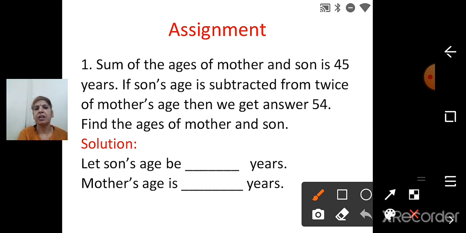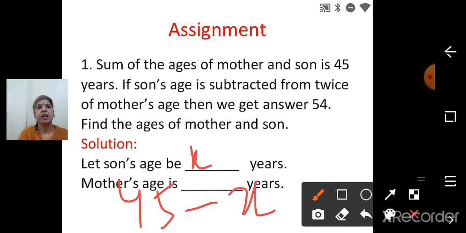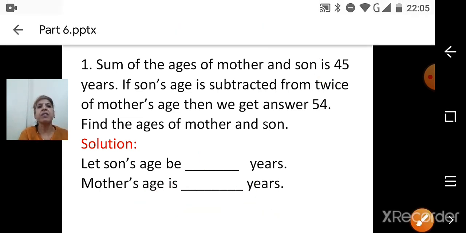So solution. First we will take, let son's age be x. It depends on you, children, what you are taking as x. So let son's age be x years. Now tell me what will be the mother's age. Mother's age will be 45 minus x, because 45 is the sum of the ages.